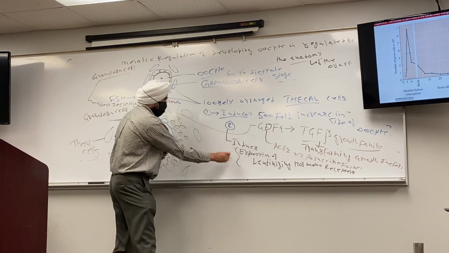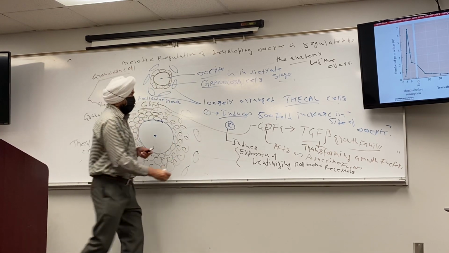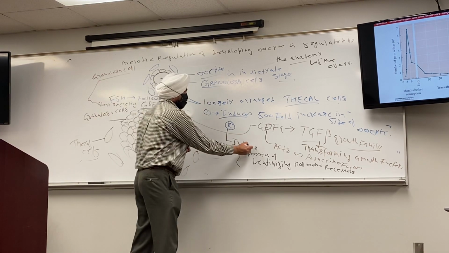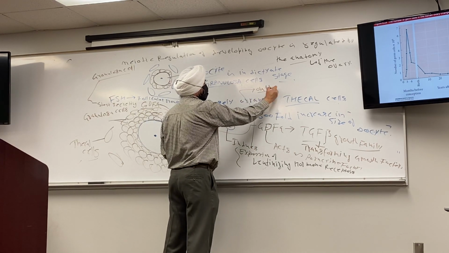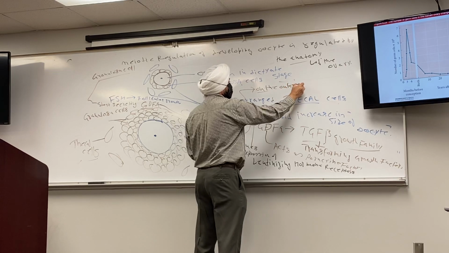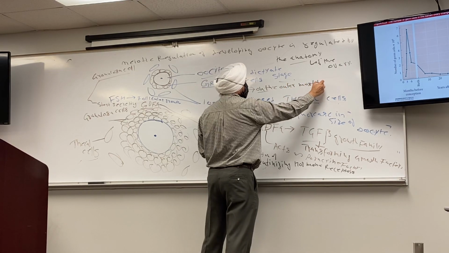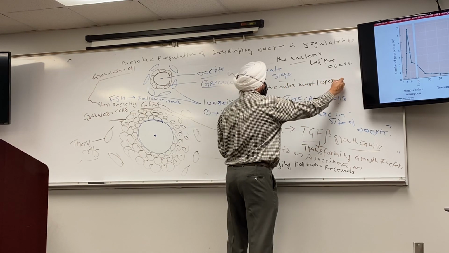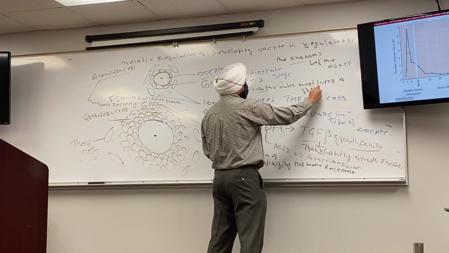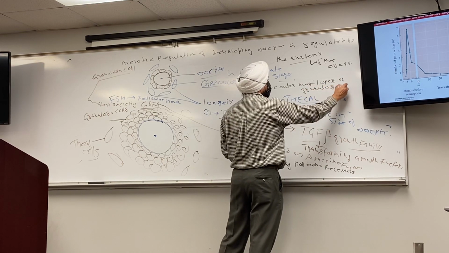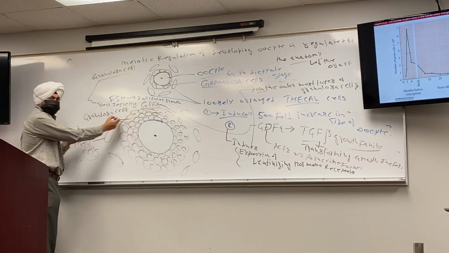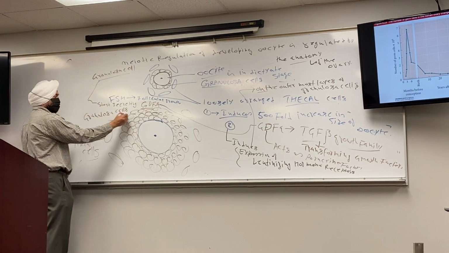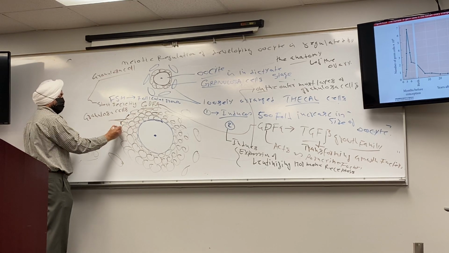But where does it do that? Let me find a place to write here. On the outermost layer of granulosa cells. So, for example, if this is the outermost layer, right here, they are going to start expressing them.